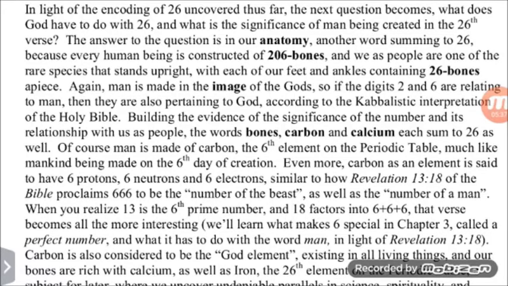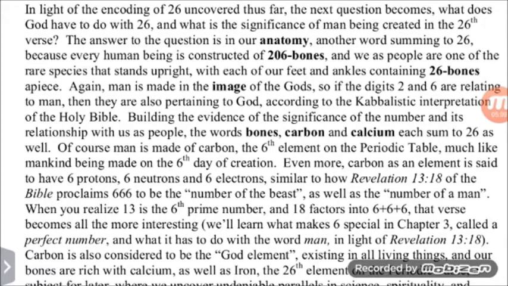Even more, carbon as an element is said to have 6 protons, 6 neutrons, and 6 electrons, similar to how Revelation 13:18 of the Bible proclaims 666 to be the number of the beast, as well as the number of a man.